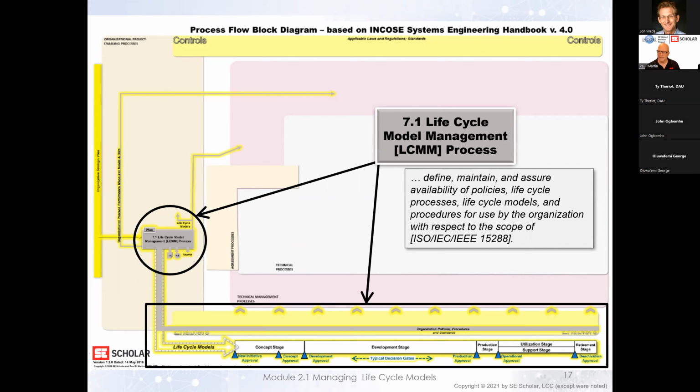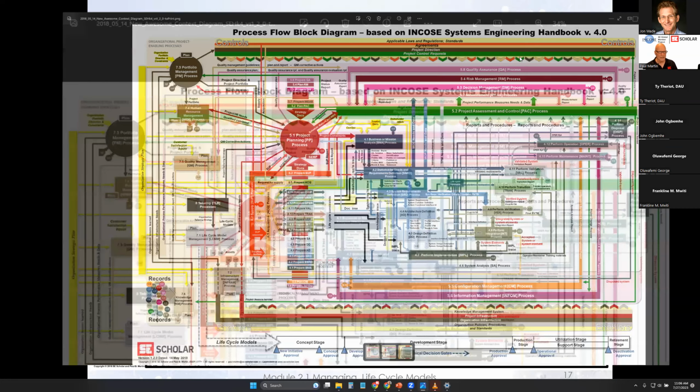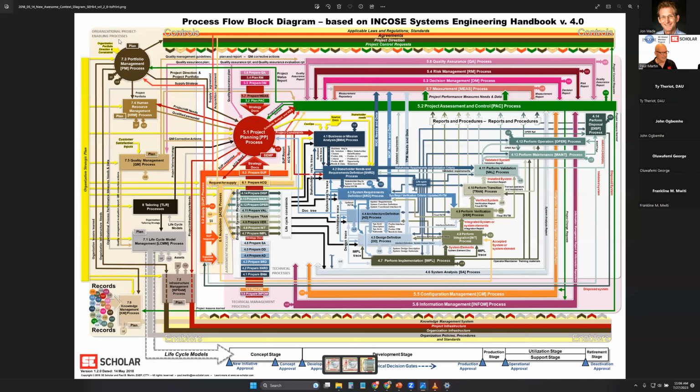One of the things with my setup is that the Zoom windows don't go behind each other; you would lose the Zoom window if I did that. So basically what I covered was this organizational portion, and I ended with project planning, and I explained how the project planning worked.